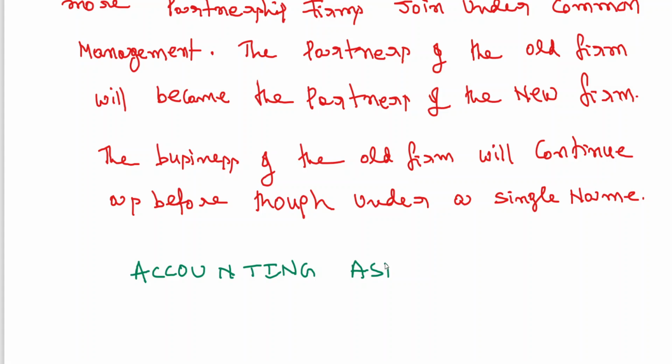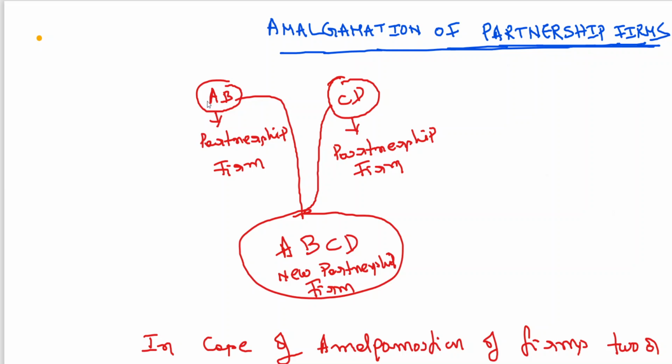Accounting aspects. See here, you should learn the accounting aspects here. Accounting aspects of A and B, accounting aspects of C and D. This is one. Then accounting aspects of the new firm. Here, in accounting aspects, we will be having common things.